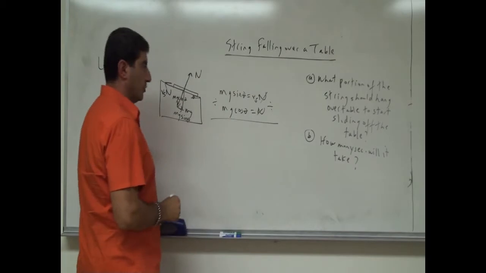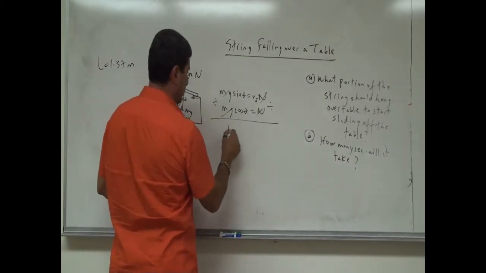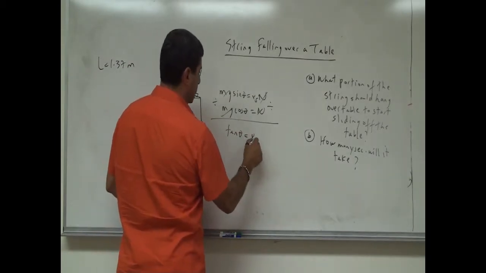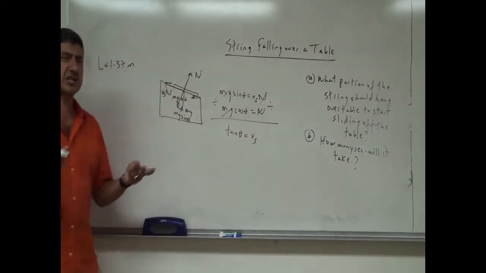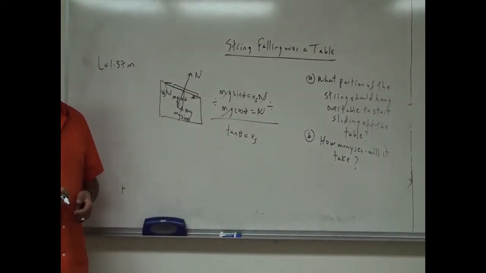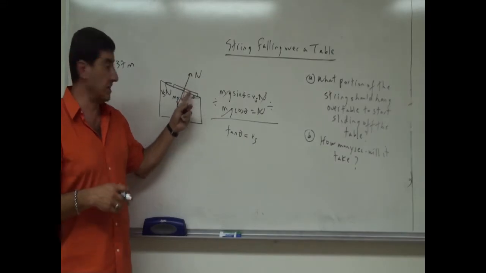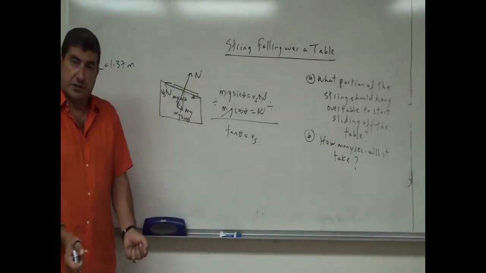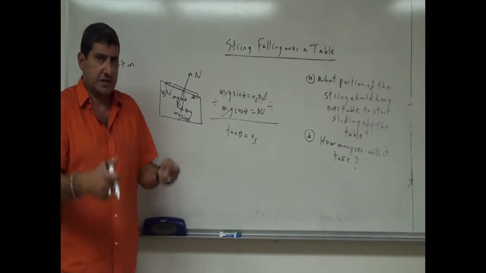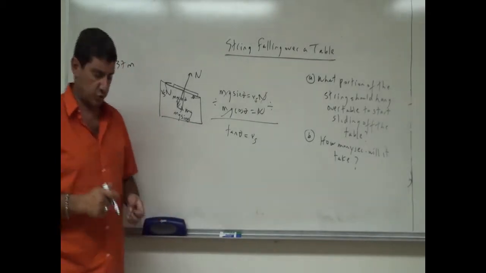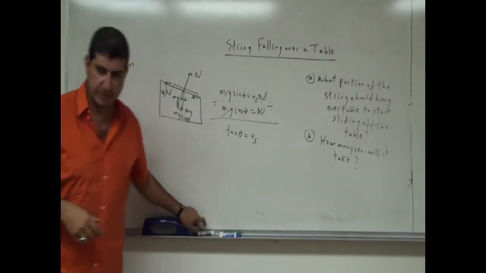That eliminates the normal force, the mg's cancel, and we have tangent theta equals mu_s. This is the best experimental way of measuring the coefficient of static friction between a block or a string or anything and another surface: incline that surface until the string or block starts to slide. So let's perform that experiment.